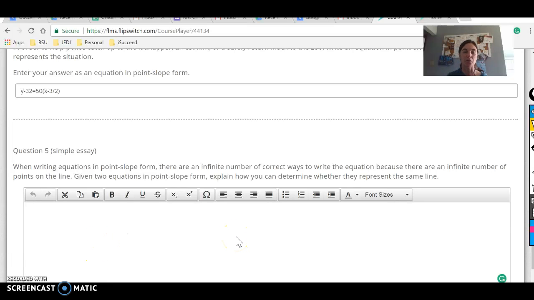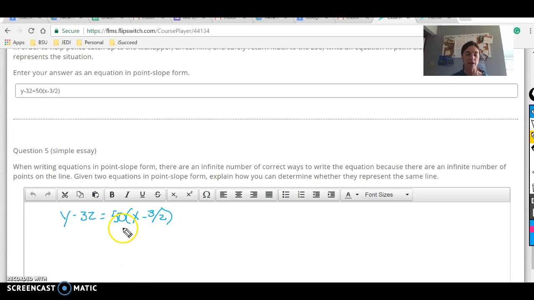If we can rearrange the equation that we have there, y minus 32 equals 50 times x minus 3/2, into slope-intercept form and solve for b, we can determine if we're dealing with the same line.